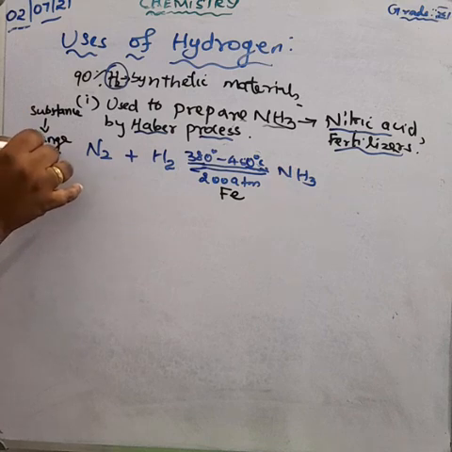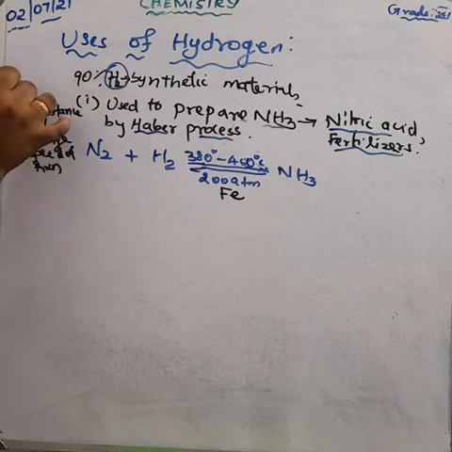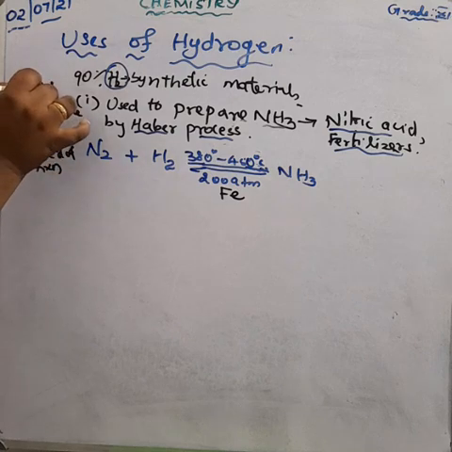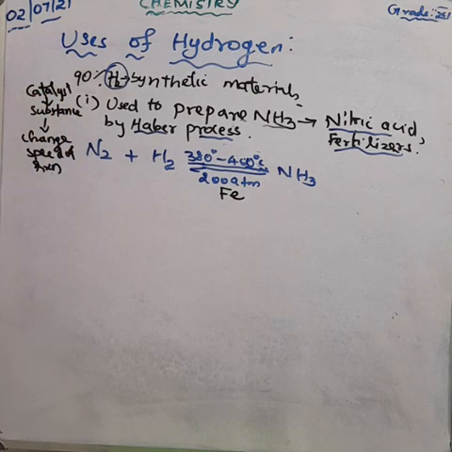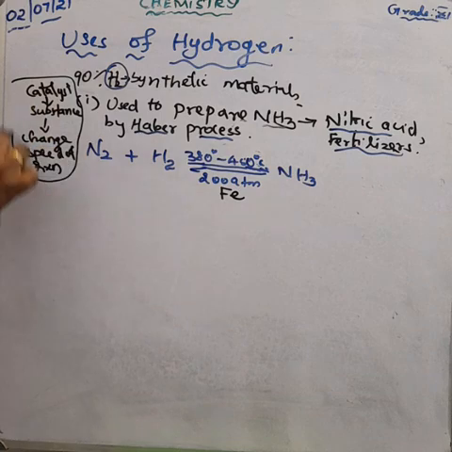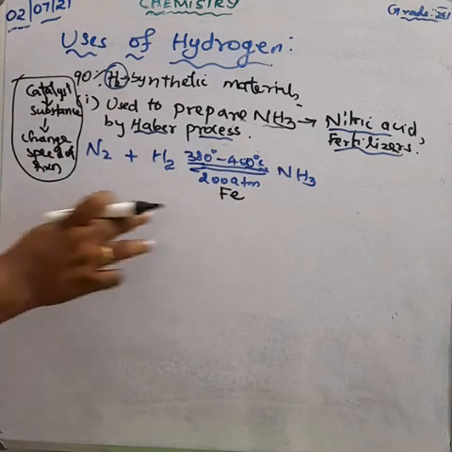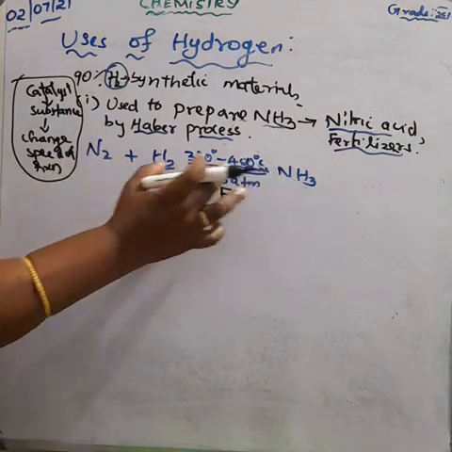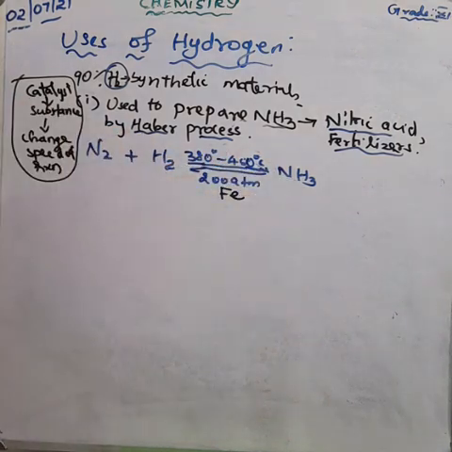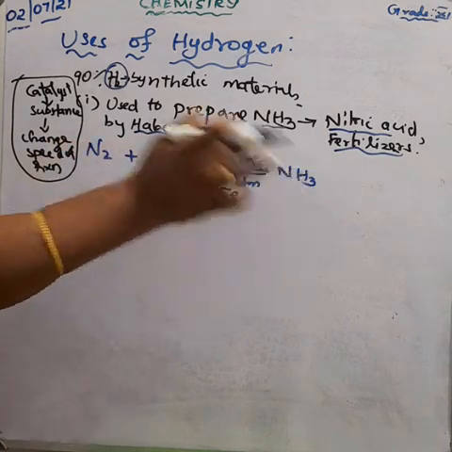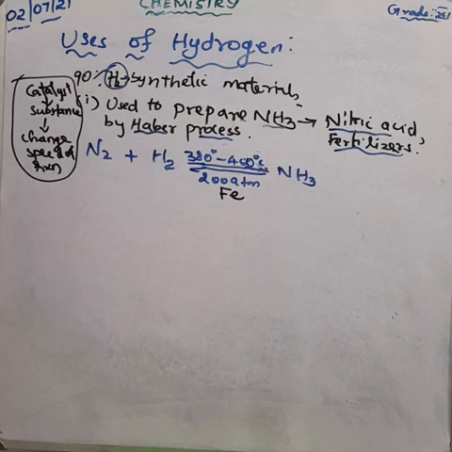So here, to increase the speed of preparation of ammonia by the Haber process, iron is used as the catalyst. Iron is used to increase the rate, meaning speed, of the formation of ammonia by the Haber process.